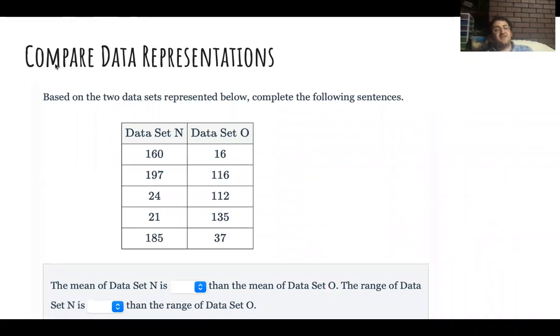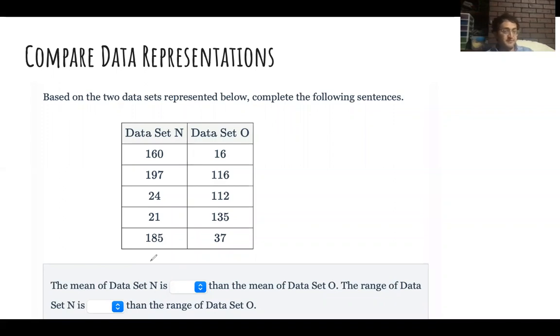Another type of exercise that you'll see here is table data on Delta Math. And they will take advantage of also having you do things like compute the mean. So what we could look at here, we could just add up and do the means first.